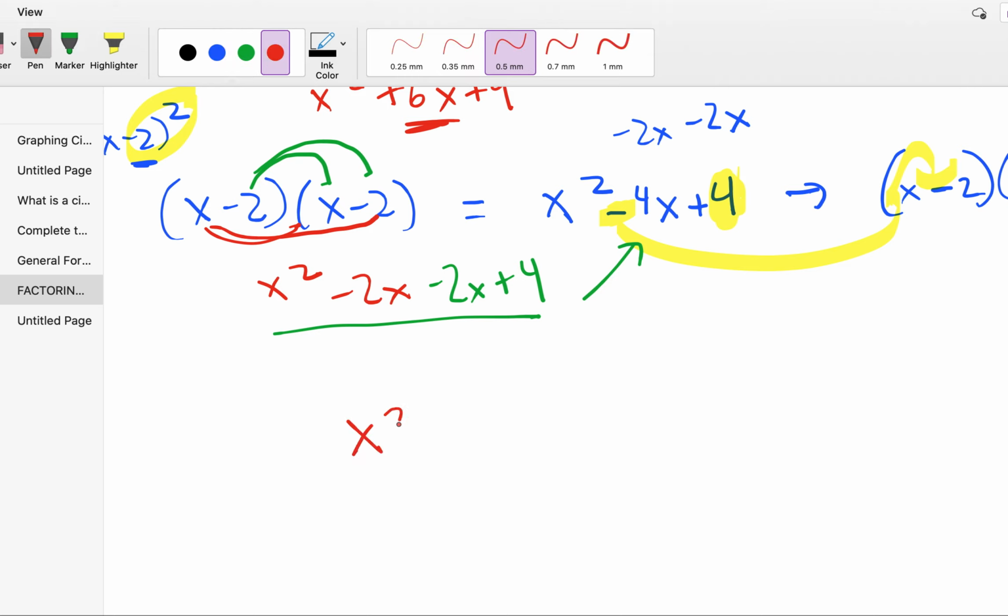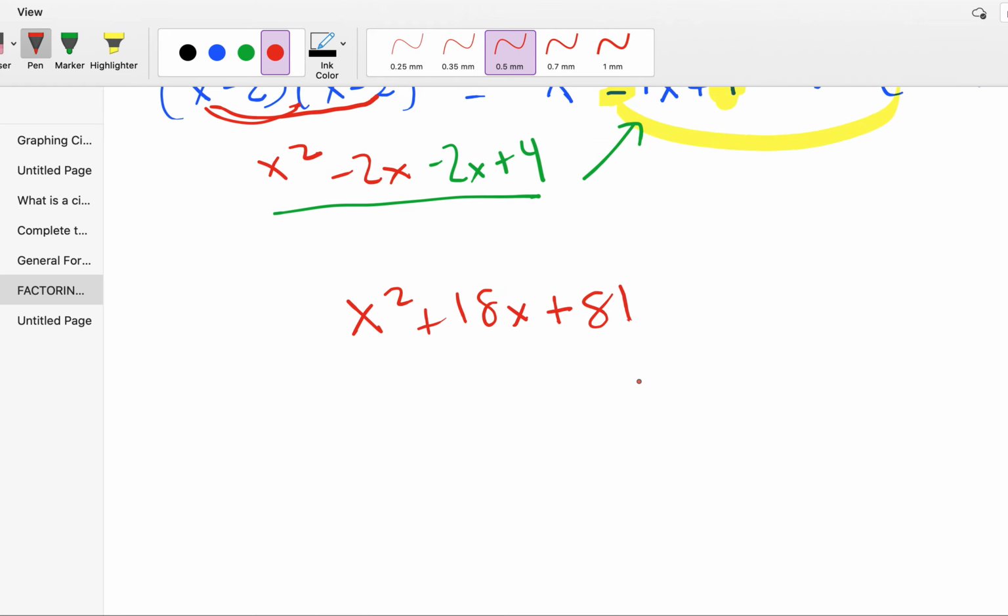So let's take x squared plus 18x plus 81. And it's a little bit of bigger number. We know we're going to have x times x, and we know that a number times itself is going to be 81, so I'll square root this.